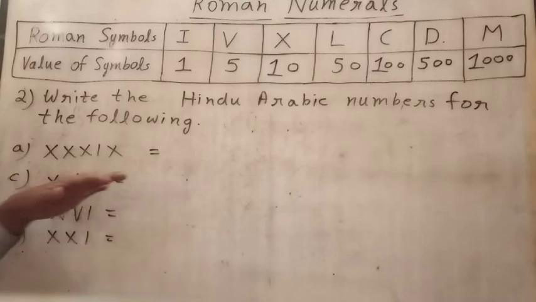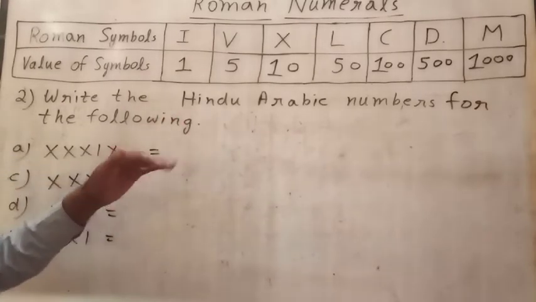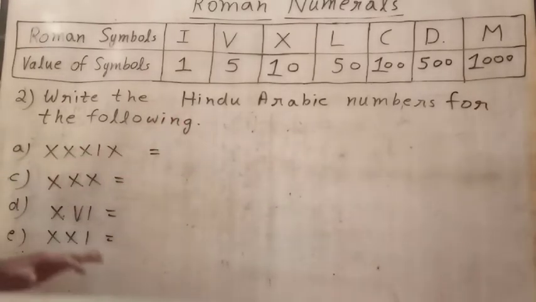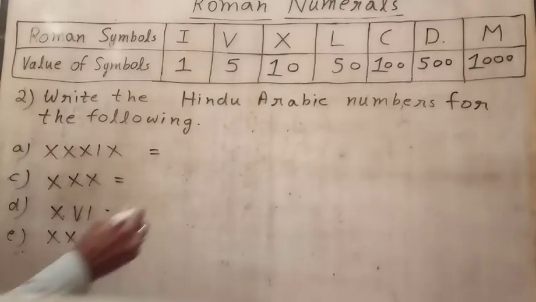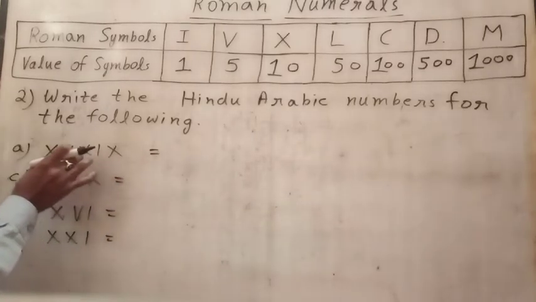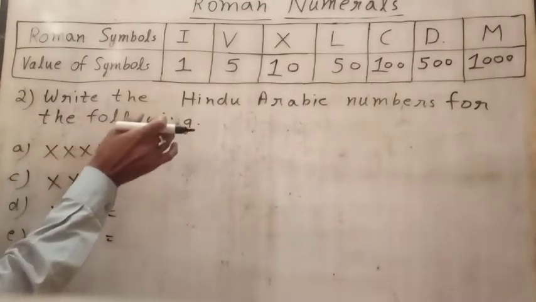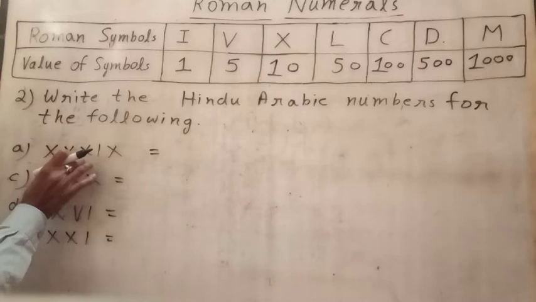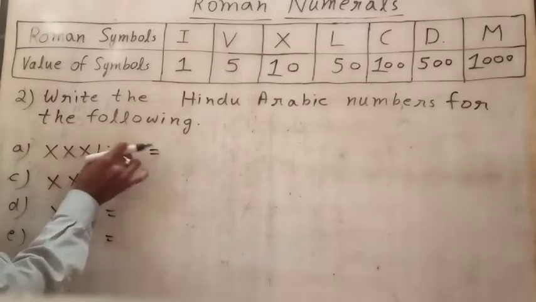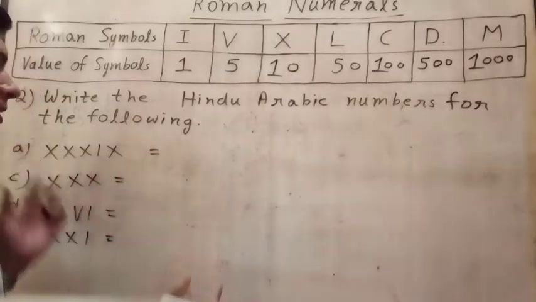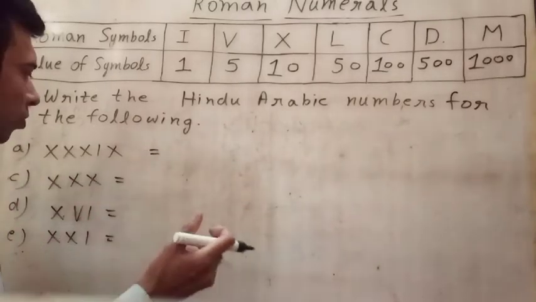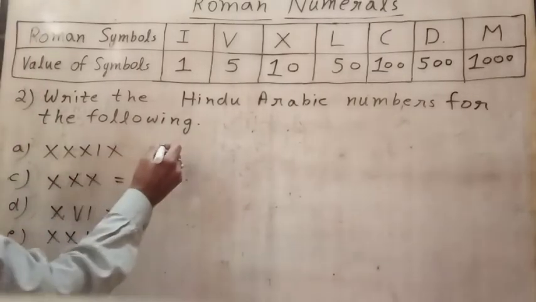Next, write the Hindu Arabic numbers for the following. So A, see here, XXIX. Clear? What I have said is that we cannot repeat X more than 3 times. Here 3 times it is written. Now IX: when a smaller numeral is written to the left hand side of the greater numeral, so what we do? We subtract.